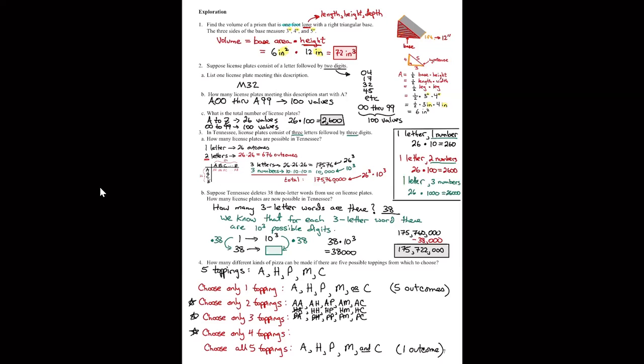As you work your way through this, you start realizing that a lot of these outcomes are getting eliminated. Not a lot of them, but some of them. So then the next one would be starting off with mushrooms. Mushrooms and anchovies, mushrooms and ham, mushrooms and pineapple, all things that have been accounted for already.